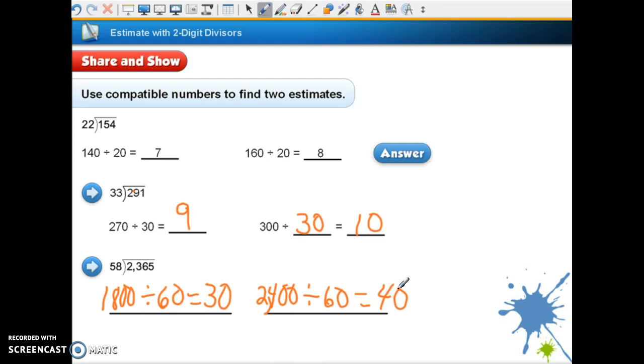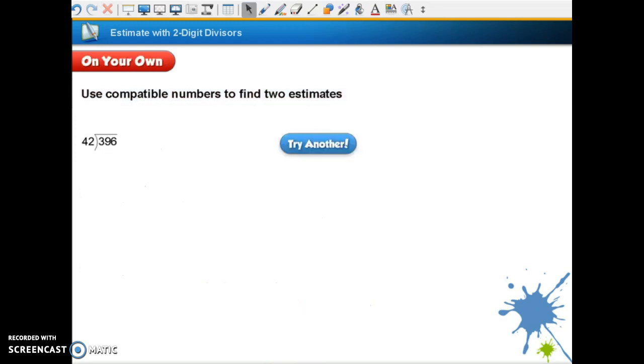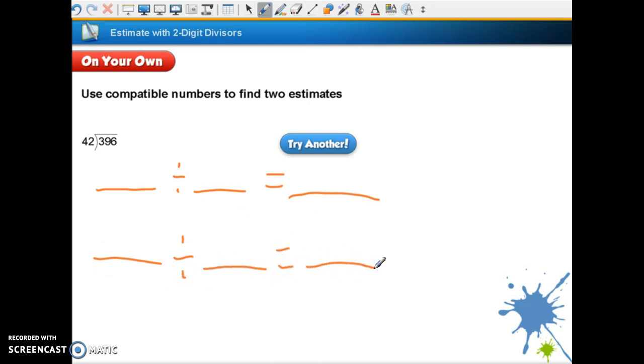Okay, this is the on your own on page 81, and this is number 7. And again, you're going to find me 2 numbers. So it should look kind of like this on your paper. And I'm going to round 42 to 40.